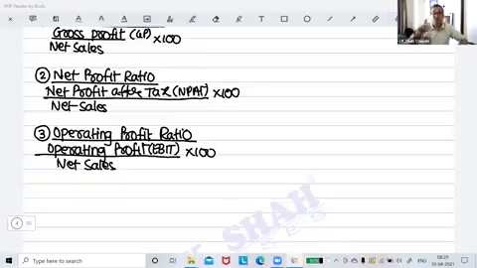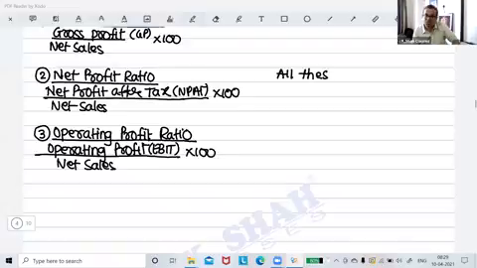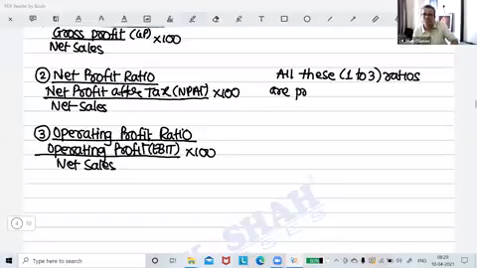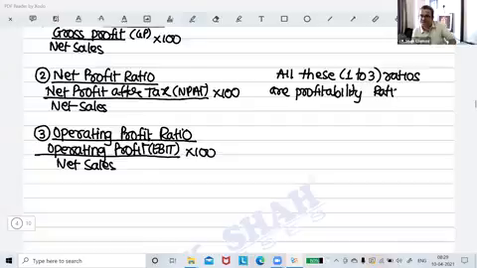Now, for all these three ratios, 1, 2, 3, I would simply say that they are profitability ratios. They are talking about the percentage of profit, right?